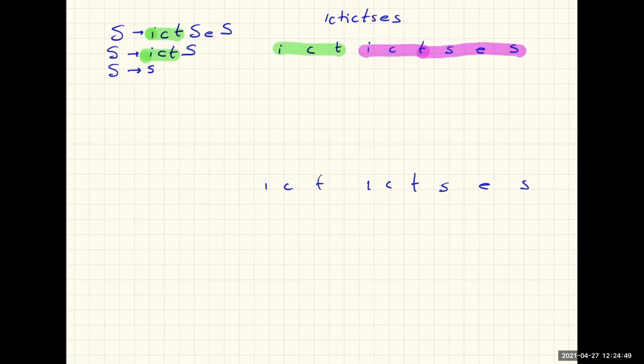So we have here ICTSES. So we have ICTS like this. We need to convert this to S by using this last rule. This is S. And now we have ICTS. Oh my God. ICTS. And this is S in turn. I'm using this rule. And then we have ICTS ES.